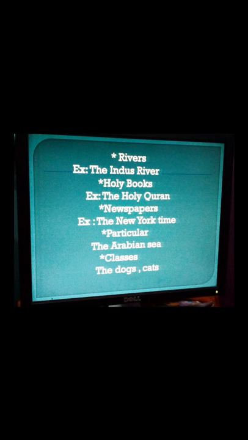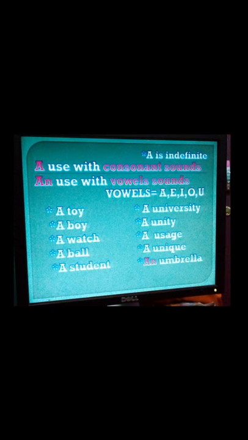So now the concept is clear. A is indefinite, the is definite, and we have discussed where and why we will use it. Now we will continue with the a and an concept.